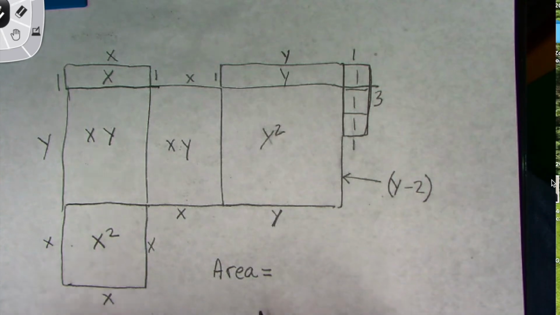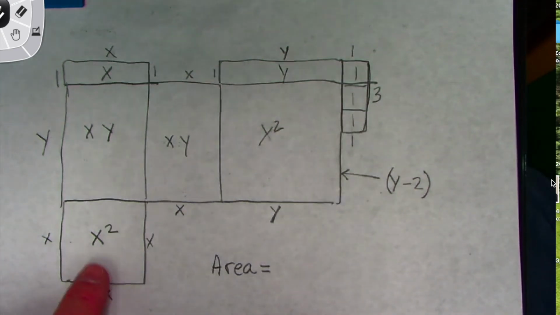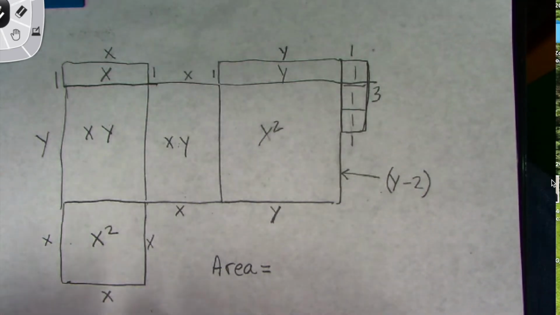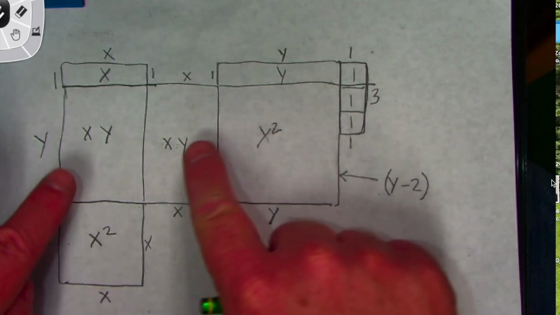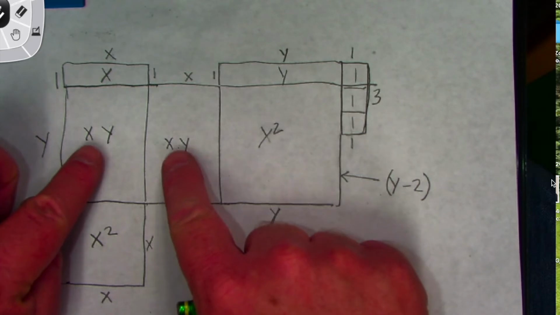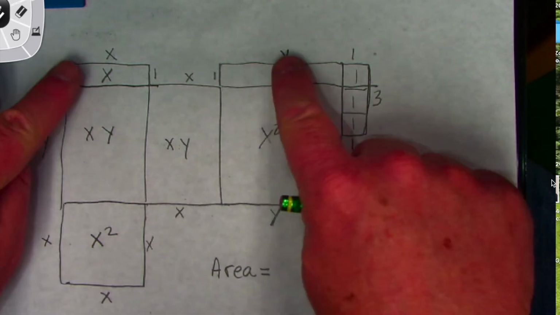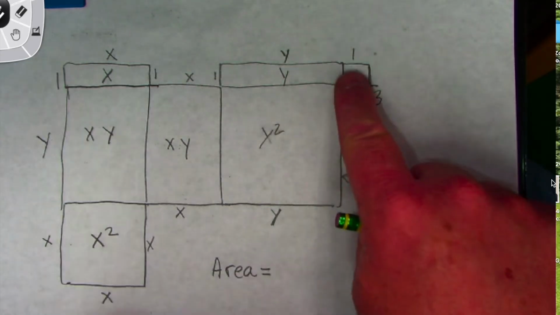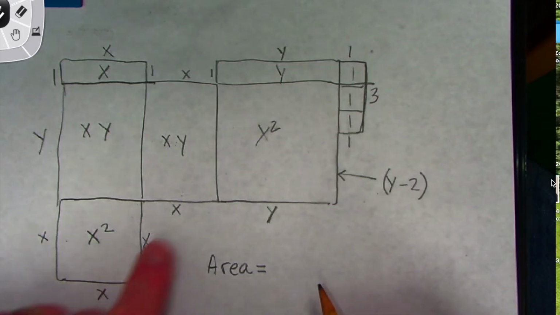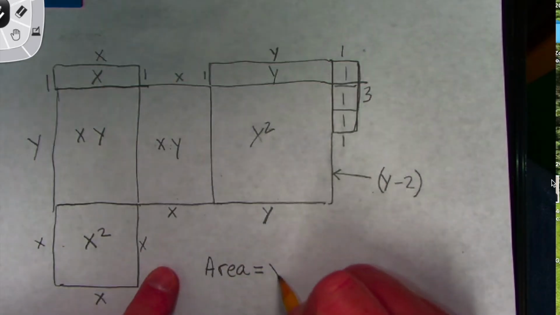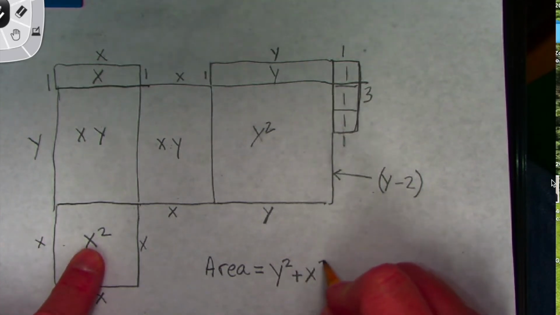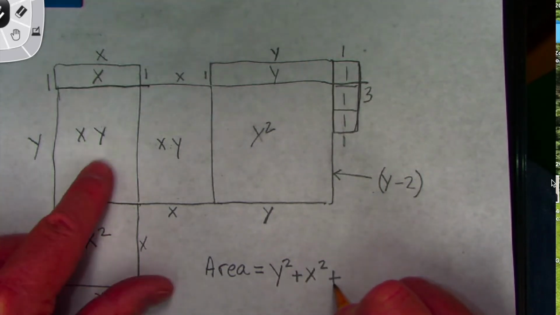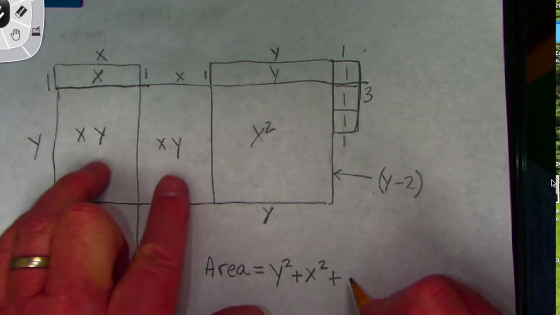So I will tell you that your teachers in the future will like you to organize things with the exponents first, the double variables second, the single variables third, and then a number, right? So my area is going to be y squared plus x squared plus, how many xy's do we have?